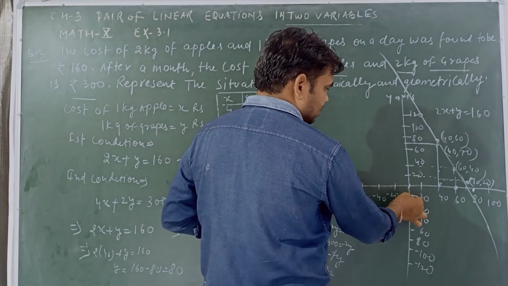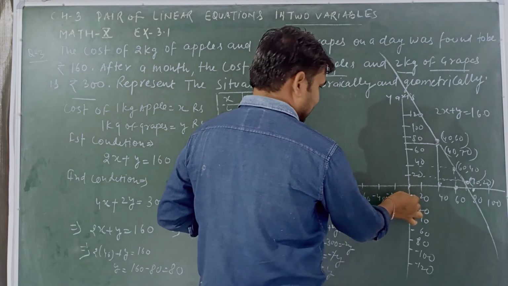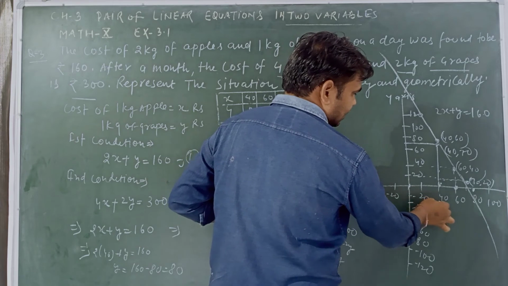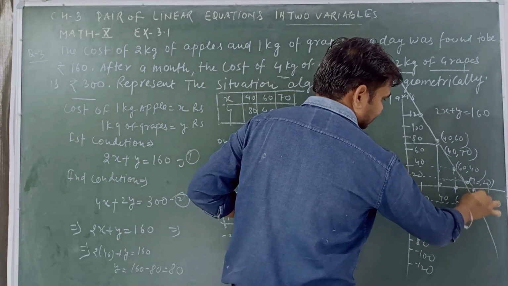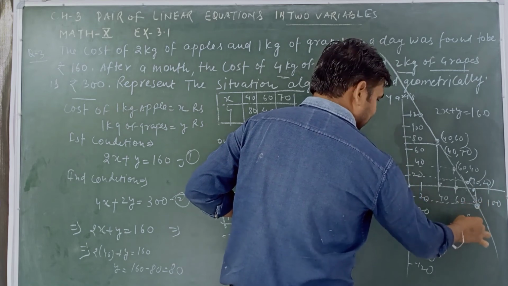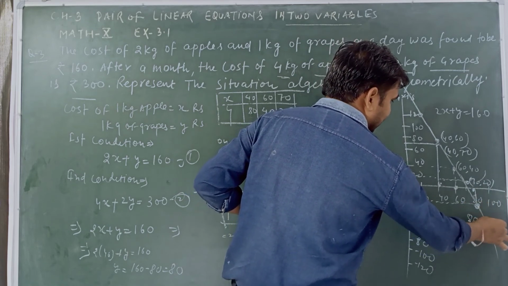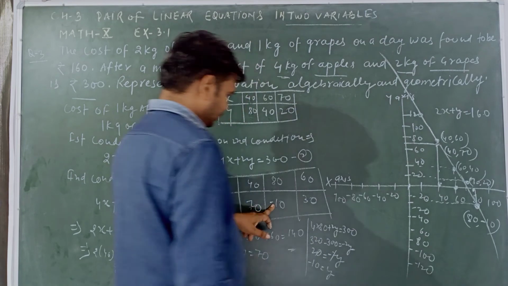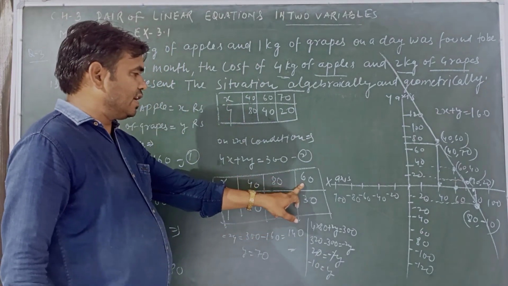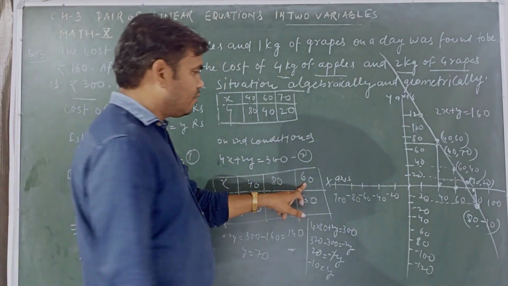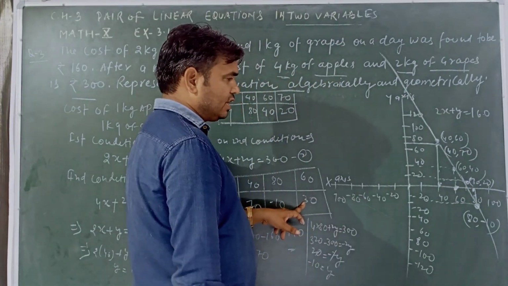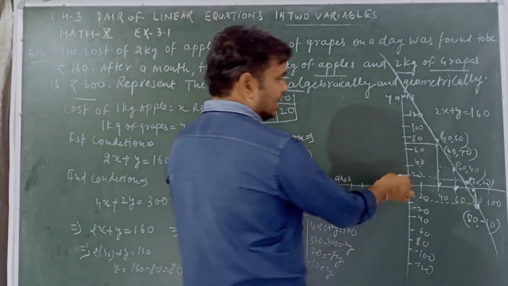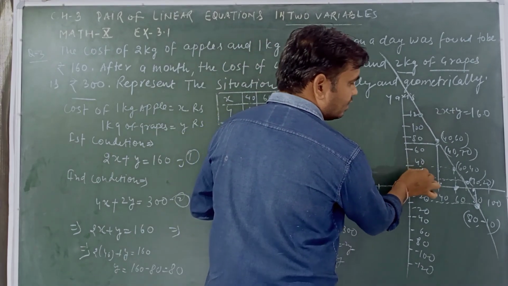So x equal to 80 and y equal to minus 10, this point goes here. Now the value of x is 60 and the value of y is 30, which lies here.